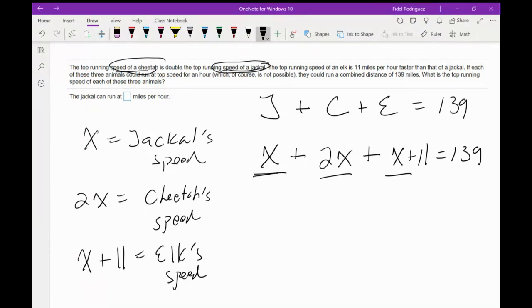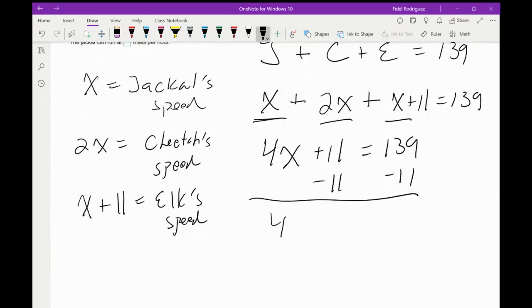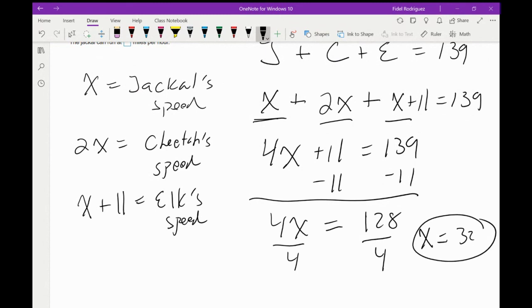So X and 2X is 3X, and one more is a 4X. So 4X plus 11 equals 139. So now we can subtract 11 on both sides. And let's see. This is 128. So when we divide both sides by 4, X is going to be 32. Okay.